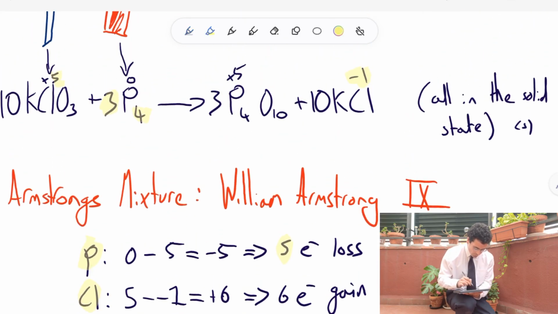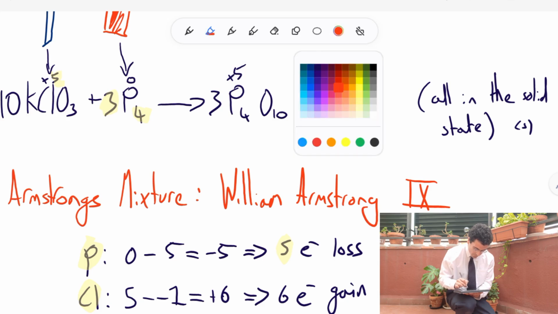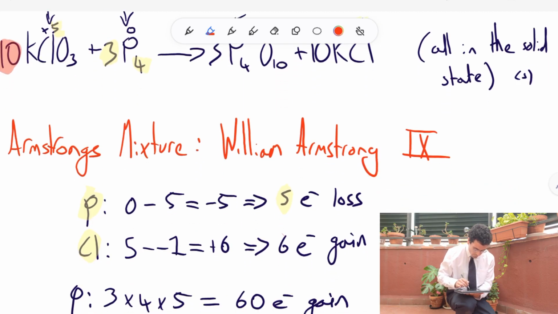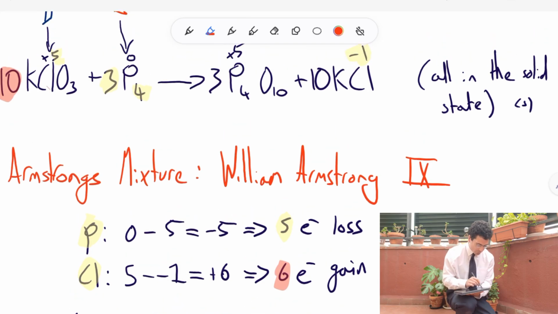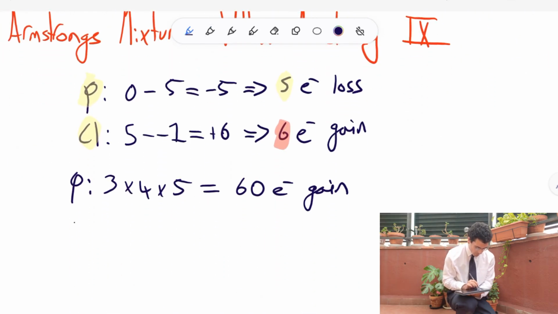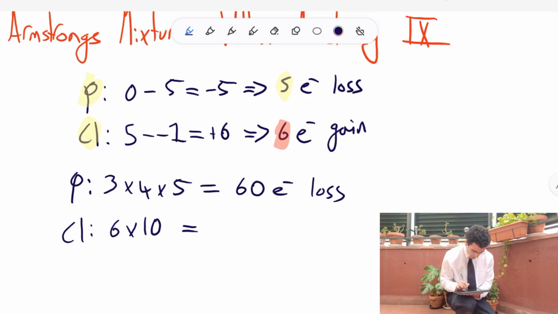Now for chlorine, you can do the same thing. We see we have 10 chlorine atoms, which are all gaining 6 electrons, and of course there is only 1 chlorine atom per potassium chlorate molecule. So this would be chlorine, which is 6 times 10, which equals, and this is of course a gain, excuse me, this is a 60 electron gain.